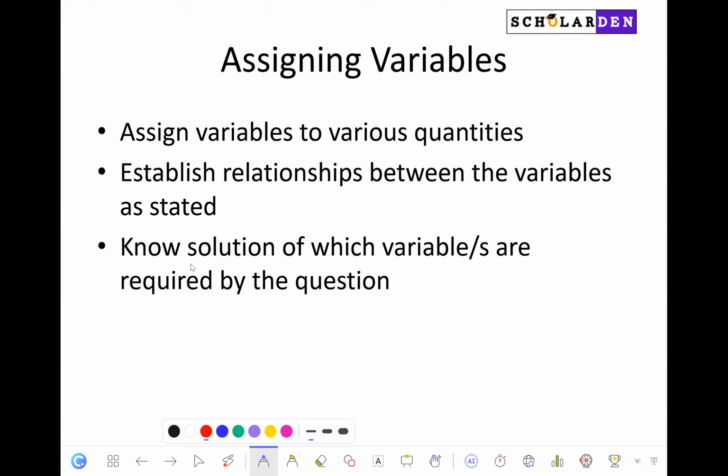So we have to understand what the question is asking of us. Is it the quantity A or B or C, which quantity is being required? Sometimes what people do is, even though they have calculated the correct values for all of these variables, the answer they input in the provided field might not correlate with the one that is being asked for in the question. So we have to understand which variable is being asked for, okay?